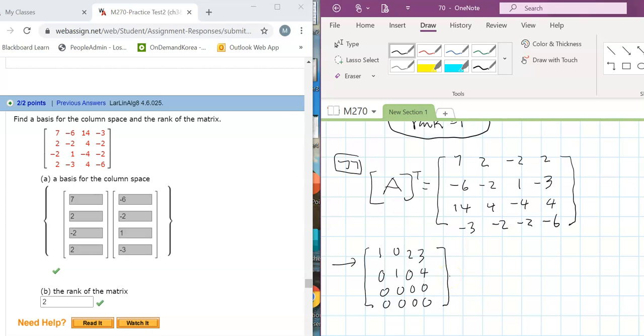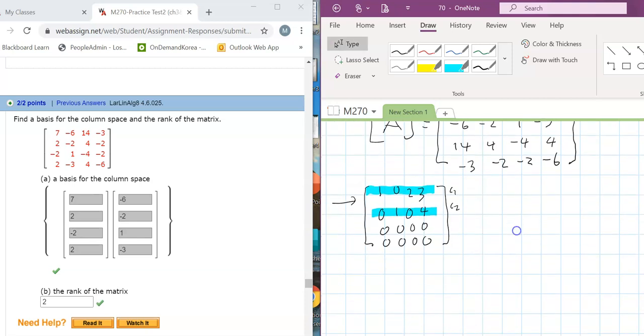Okay. So what do you have? You have first column. This is actually column 1 and column 2. So this is column 1. This is column 2, because I did transpose. So what is the basis? Column 1 and column 2. So you write the basis is column 1 and column 2.